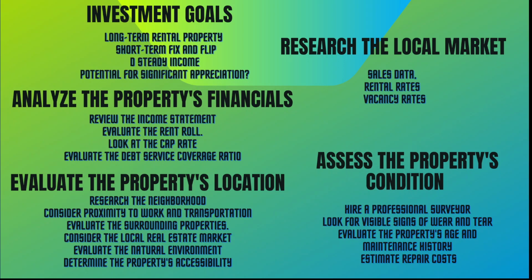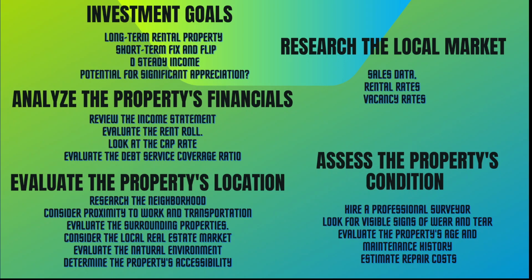Very important step. Next, evaluate the property's age and maintenance history. That's easier said than done, but the age of the property and the maintenance history can really give you a good understanding. As I said before, if you buy properties that are 50, 70 years old, you know pretty much what could go wrong.